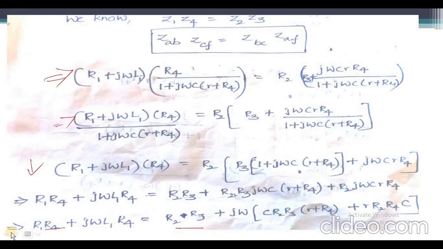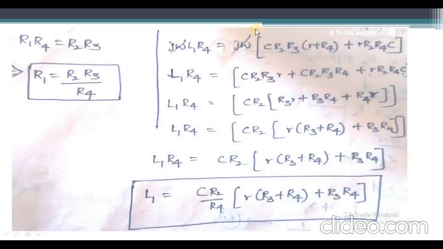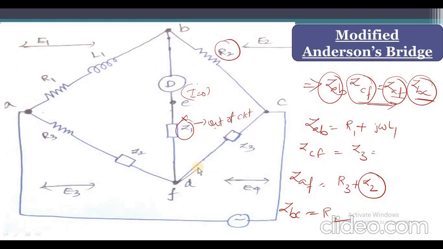Similarly, if you compare the imaginary terms with J omega, J omega cancels and finally we are left with the unknown inductance value L1. You can replace R1 and L1 with Rx and Lx also; it is your wish. Our main aim in the Anderson bridge is to obtain the unknown inductance. It is all about the Anderson bridge. Thank you guys.